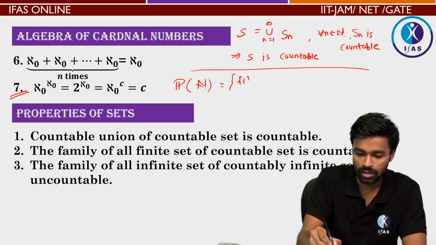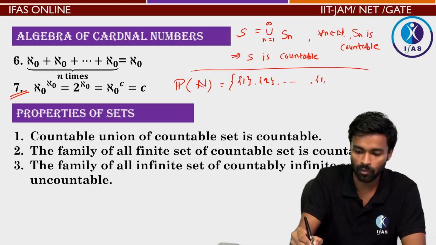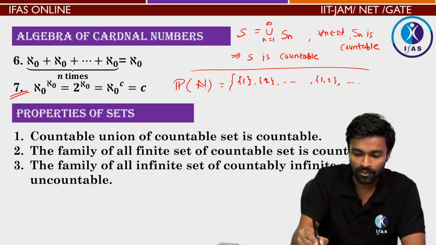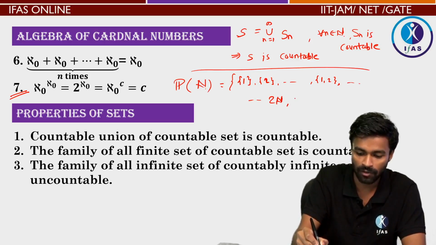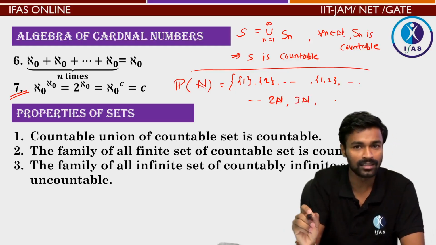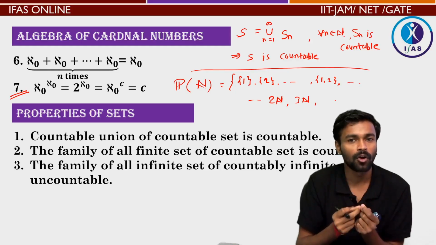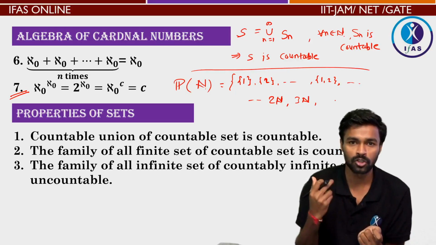Subsets are singleton 1, singleton 2, and so on. Also {1, 2}, the set of all sets of cardinality 2. After that, these are also subsets of the set of natural numbers. Okay, Twicean, Thricean. What is Twicean? Twicean is the set of elements of the form 2 times n, where n belongs to the set of natural numbers.